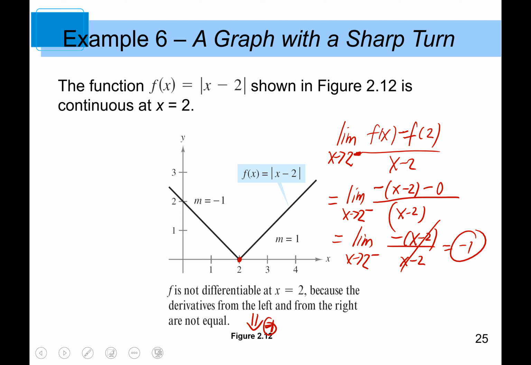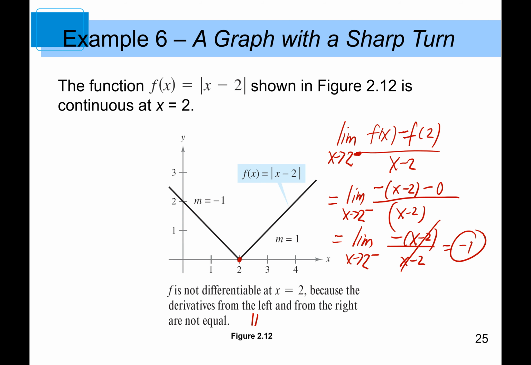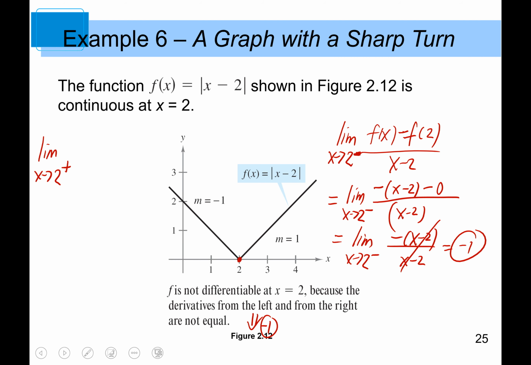And let's take a look at the derivative from the right. The limit when x approaches 2 from the right of f of x minus f of 2 over x minus 2. In this case, from the right-hand side, this value is always positive.